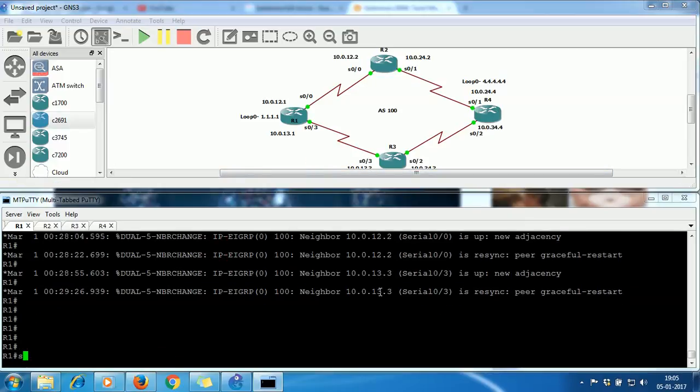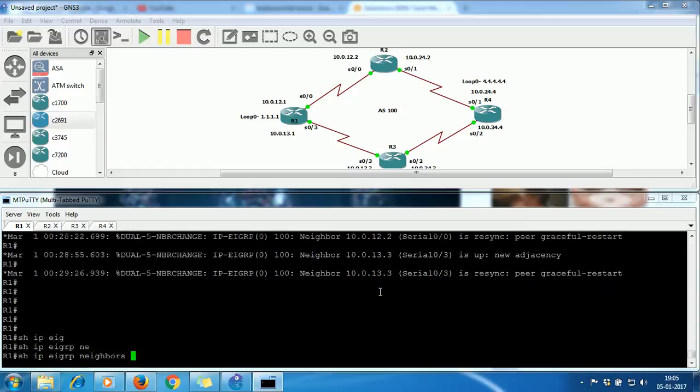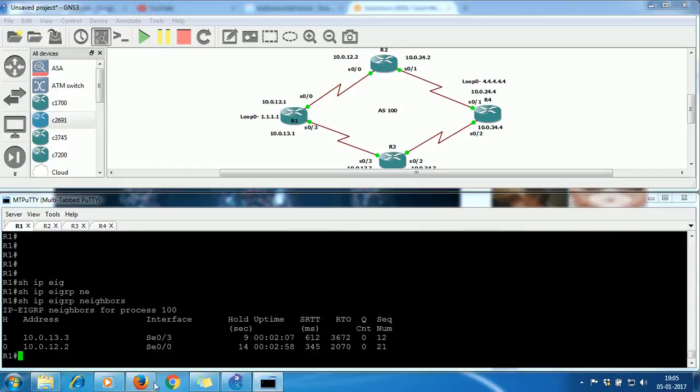I'll show you that. Show IP EIGRP neighbors. Here we can see the two neighbors. One is 10.0.13.3, that is router number 3, and the next one is router number 2. Here you have some numbers, right?